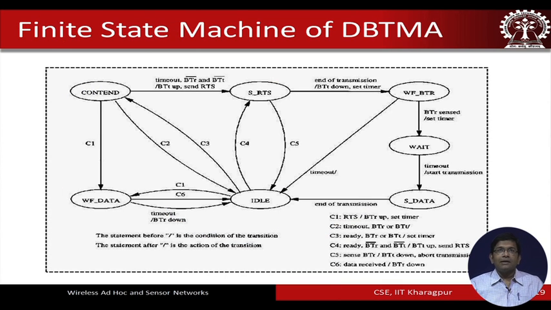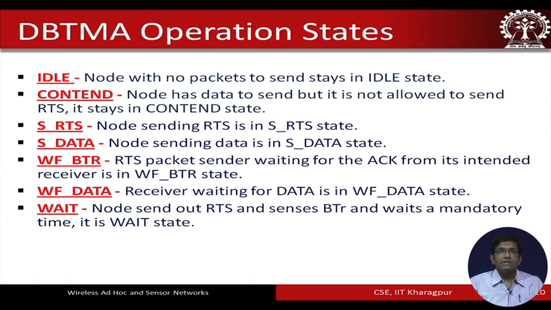So, what we see over here is the state chart of the DBTMA protocol. The ellipses basically denote the different states in which the protocol is going to be at different instants of time, and the transitions are shown in the form of directed arrows. So, these are the different states of operation of DBTMA. It is either going to be in the idle state, where a node with no packets to send stays, or it can be in the content state, where the node has data to send but is not allowed to send the RTS.